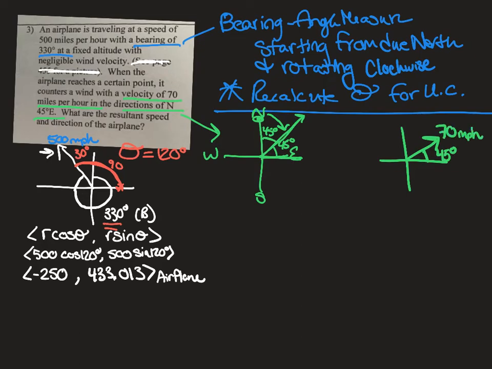So let's find the component form of the wind. So again, you're going to do r cosine theta, comma, r sine theta. So in our case, we're going to do 70 cosine 45 degrees, comma, 70 sine 45 degrees. The cool thing about this is in the first quadrant, 45 degrees has the same x and y value.